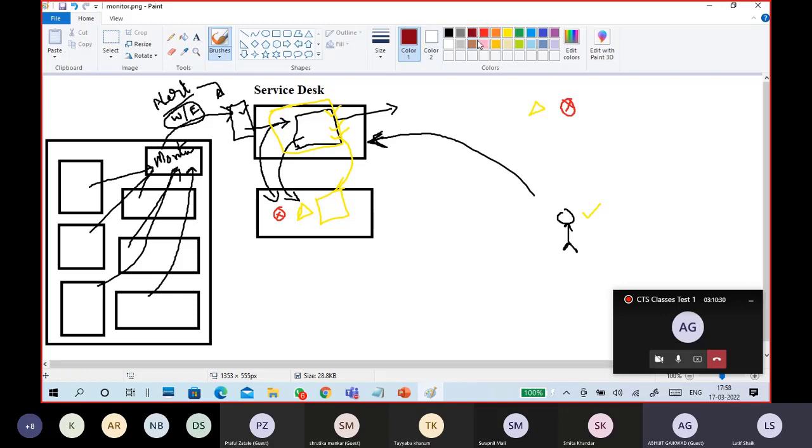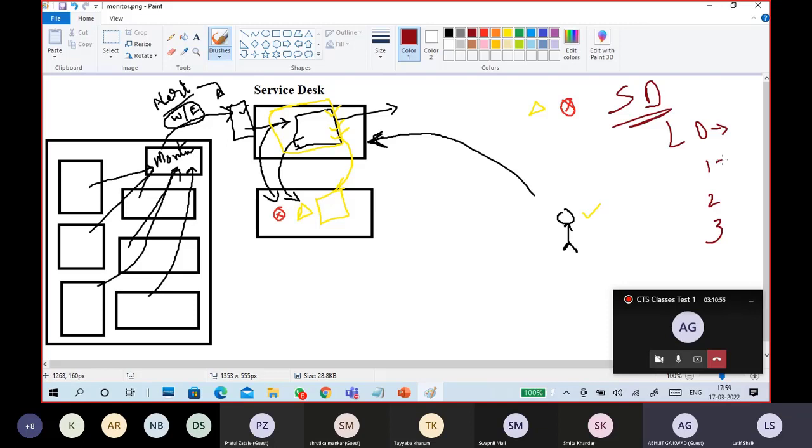Service desk does not mean only one service desk. The service desk levels are level 0, 1, 2, 3. Level 0 is simple, like a help desk type. They should have a basic understanding of language. They interact with the user, but they don't solve any problems.